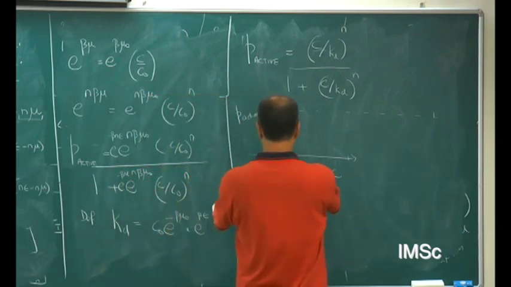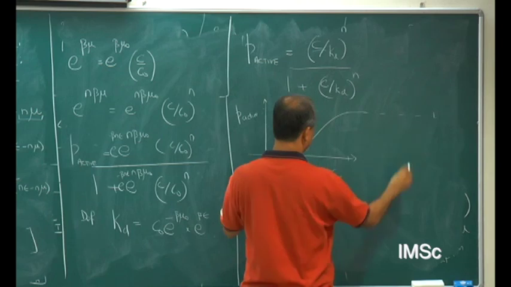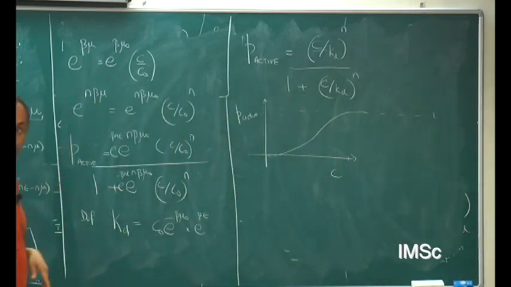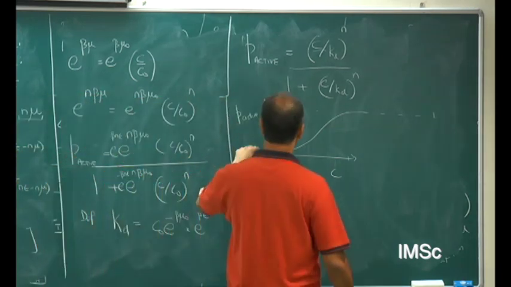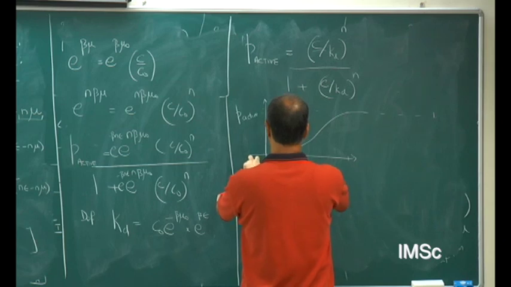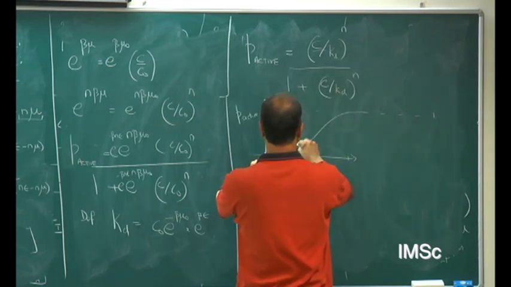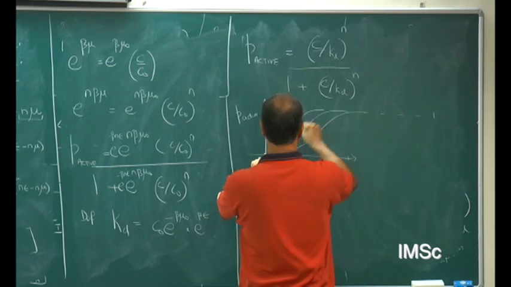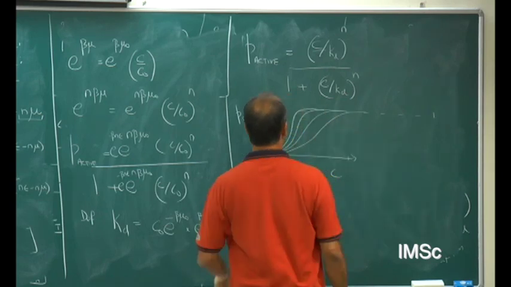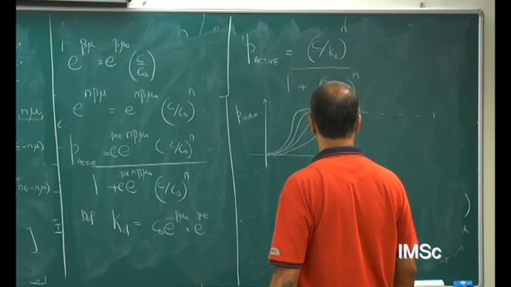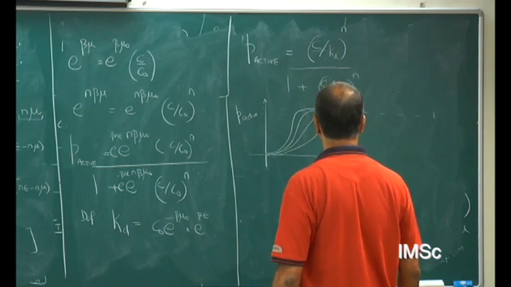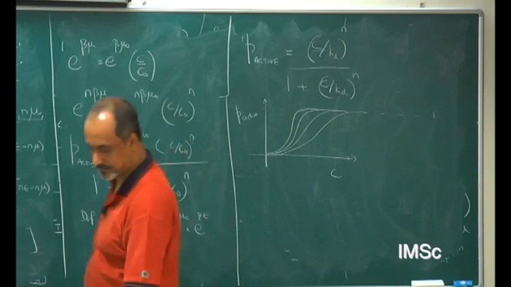So I leave you to check that if I take n equal to 1, I get a curve which is very much like the curve that I drew earlier for the MWC model with just one binding site. As I hike up the n here, I get a curve that becomes sharper and sharper as I go towards larger and larger concentrations. Okay. Let me just figure out one thing from here.